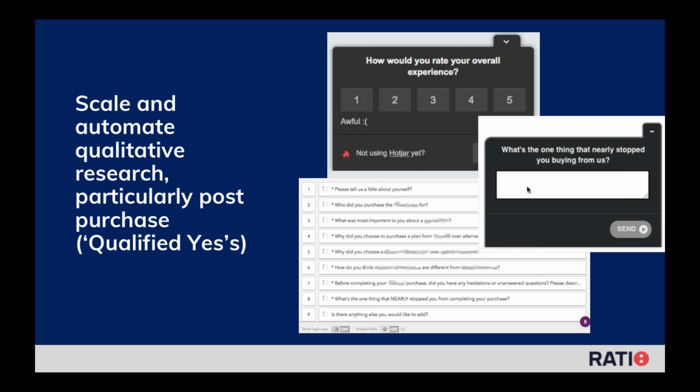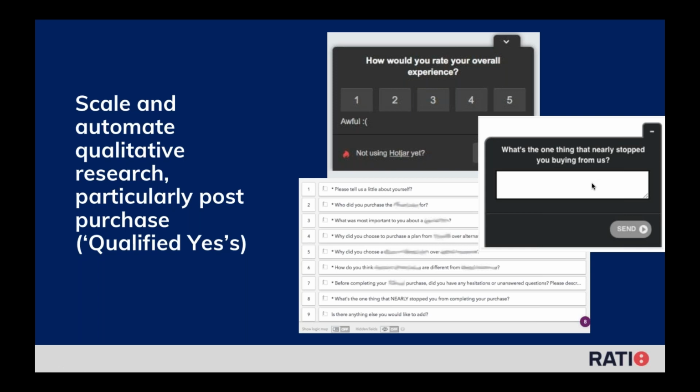And so how we like to view this is instead to survey and ask questions of people who completed the purchasing process, and ask those people about what moments of friction existed in their experience that almost stopped them from buying. As in this example just here, what's the one thing that nearly stopped you from buying from us?